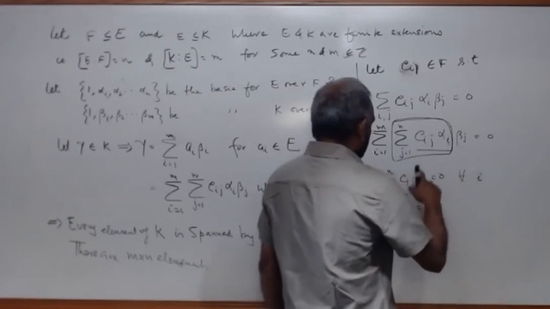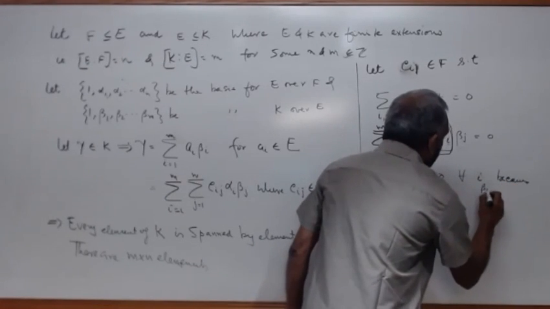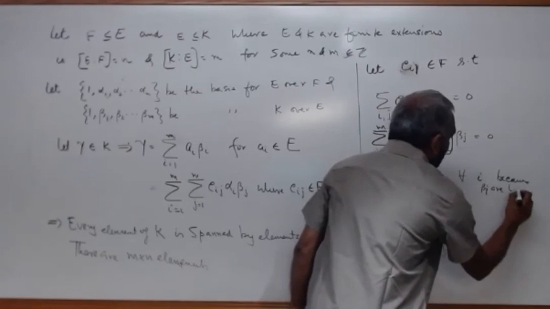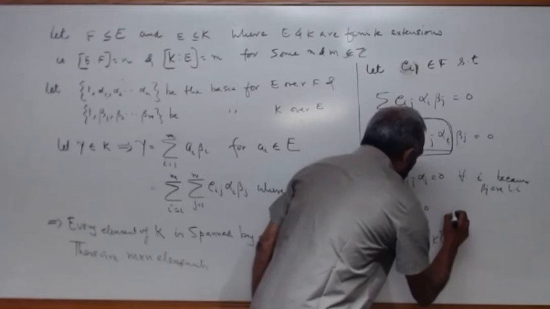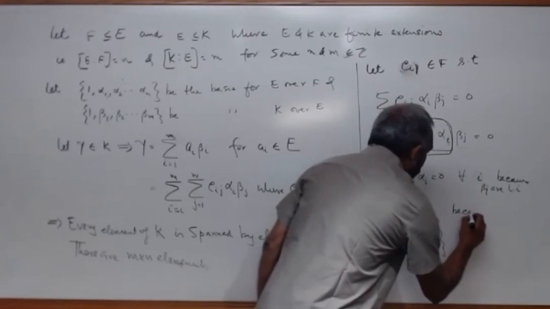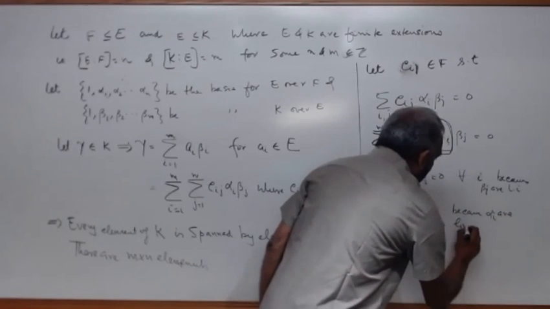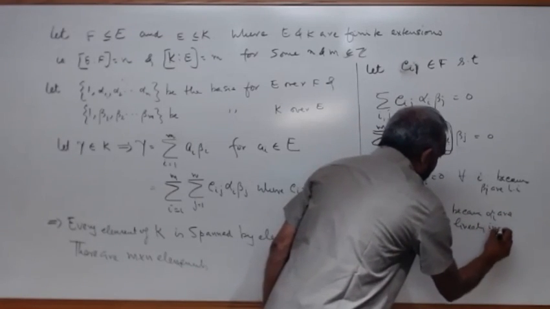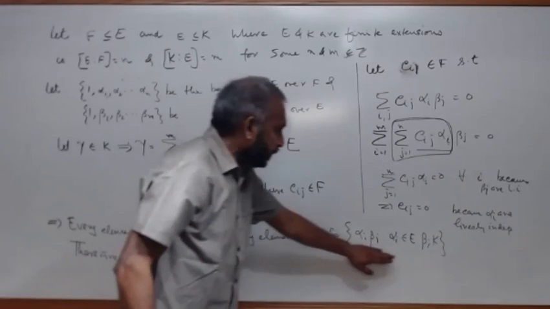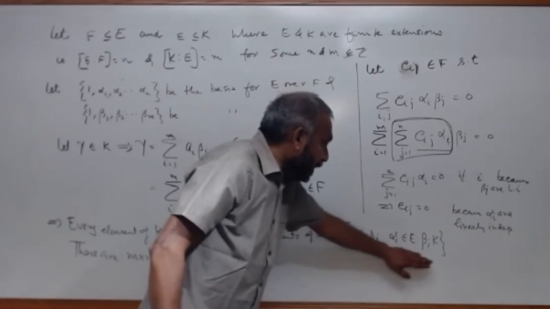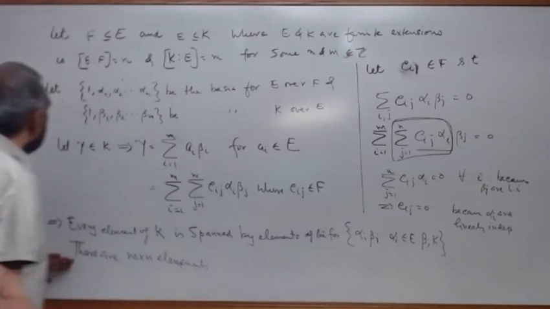This is because the beta_j's are linearly independent, and because the alpha_i's are linearly independent. So we have a set of mn elements that are linearly independent and that can span K.